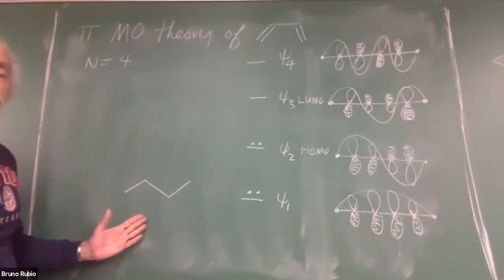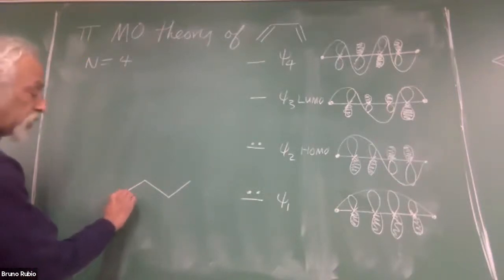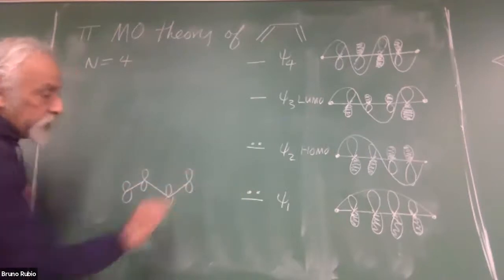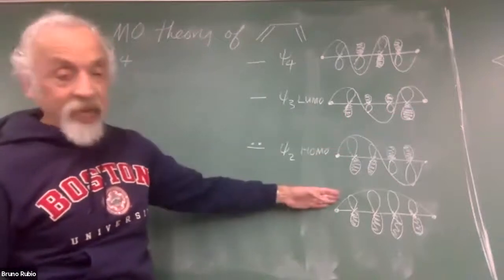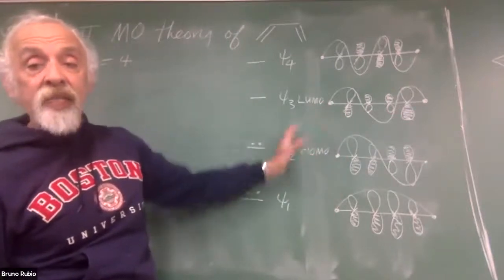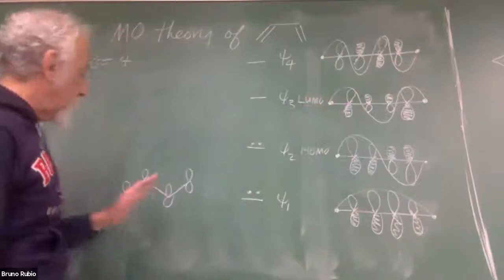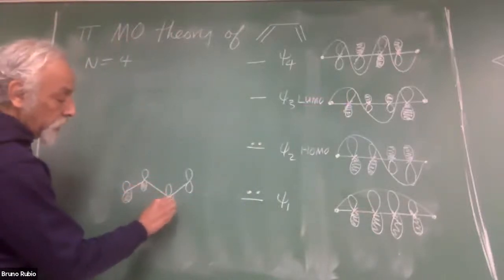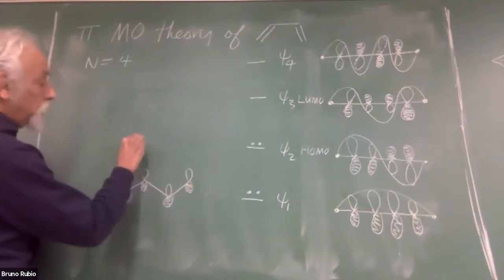I want 0 internuclear nodes. You can calculate the relative sizes if you draw this sine wave, but maybe you don't really need that all the time. 0 internuclear nodes.